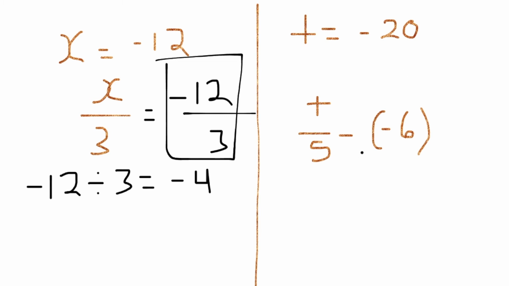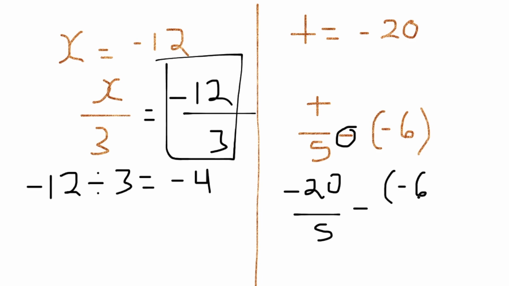Okay, over here, I have subtraction. So there's special rules for subtraction, right? So I have t is negative 20 divided by 5 minus negative 6. So here, negative 20 divided by 5 is going to be negative 4.